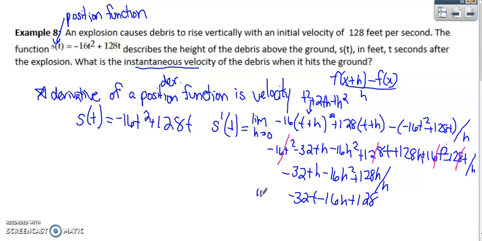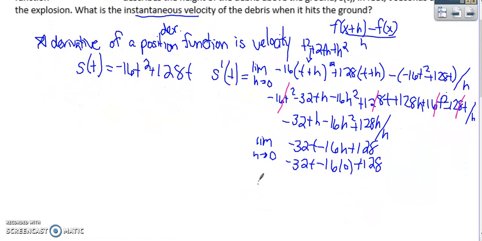I am finally ready to take the limit as h goes to 0. Plugging a 0 in for that h, I get negative 32t minus 16 times 0 plus 128. So I get, for my s prime, negative 32t plus 128.